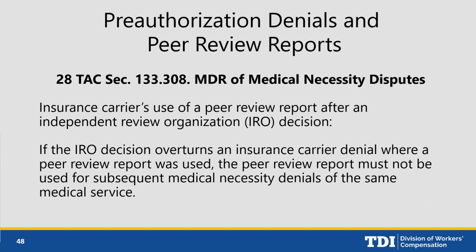In our Rule 133.308, it also notes that if they used a peer review report and you go all the way through the process and an IRO overturns that denial, they can't use that same peer review report for subsequent denials for that same exact medical service. So I just wanted to add that in there if the carrier is using a peer review report to deny and issue an adverse determination.